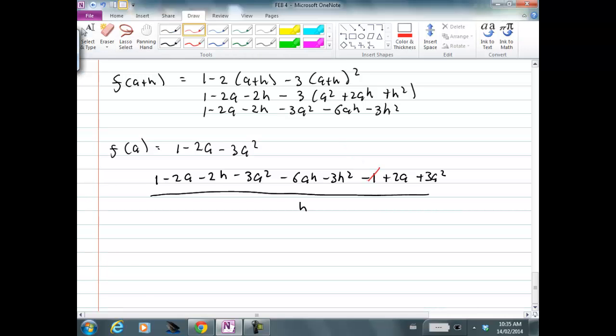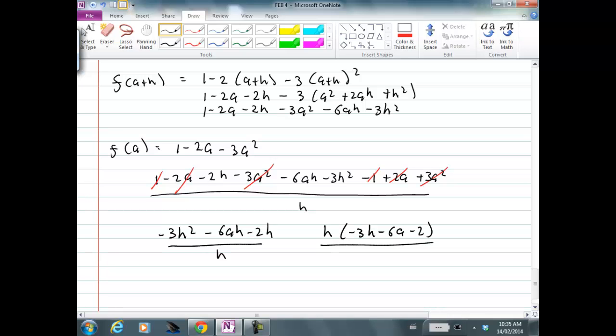Now we play the game of simplifying. Well, the 1's cancel out. The 3a squareds cancel out. So what I'm really left with is negative 3h squared minus 6ah minus 2h over h. If I factor out h on top, I get h times (negative 3h minus 6a minus 2) over h.